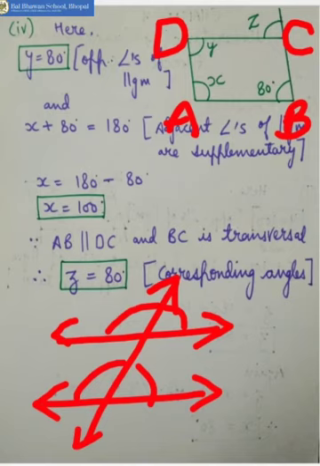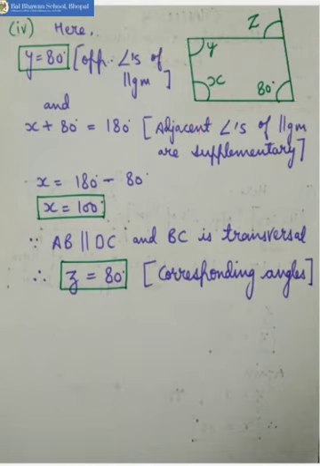And what is the property of corresponding angles? It says that when a transversal hits two parallel lines, then the corresponding angles formed are always equal. So using this property I can say that Z will be equal to 80 degree.